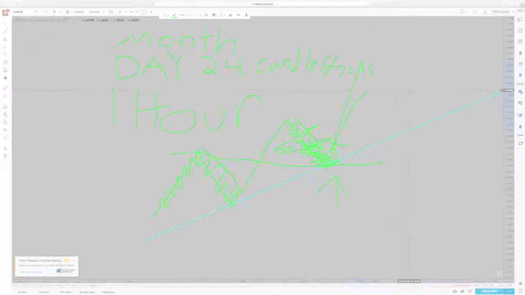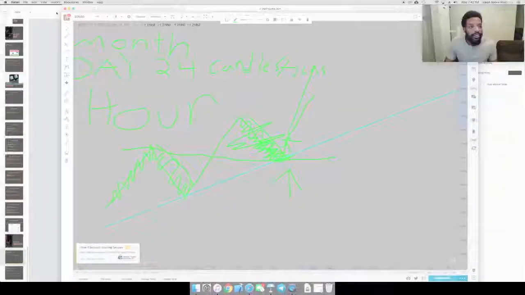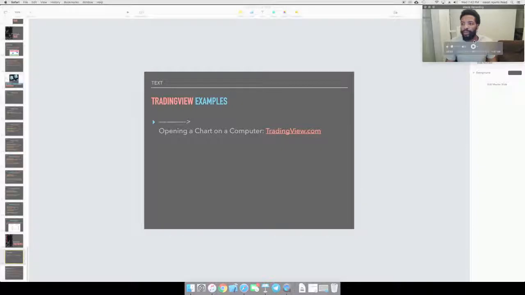All right. So my point is, just because it looks like a downwards trend on one time frame, zoom out to the higher time frame to see what the overall trend is, to give you that confidence. But yeah, that's pretty much it.